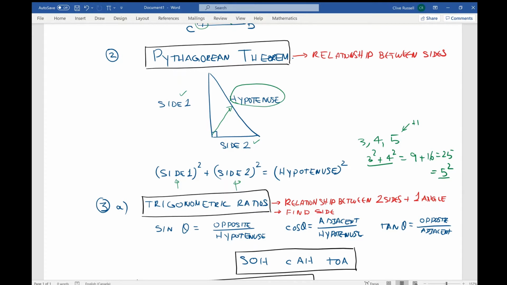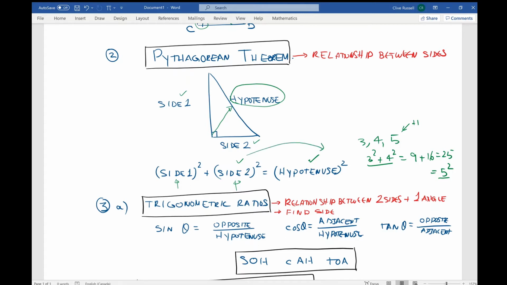Okay, now again, if you know any two, you could find the third. If you want to find the hypotenuse, well, the hypotenuse is already the subject. So you just square the two sides, add them, and you get the hypotenuse squared. Now, if you know, say, the hypotenuse and the short side, and you want to find the other short side, well, you have to move this over to the other side.